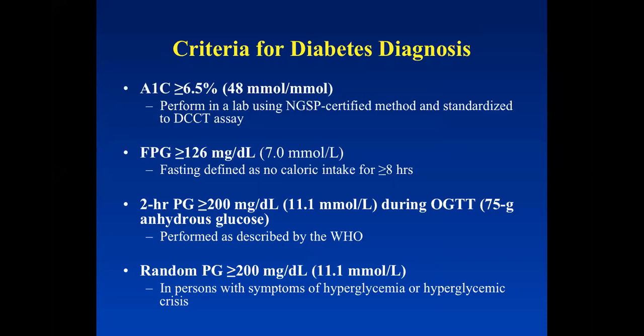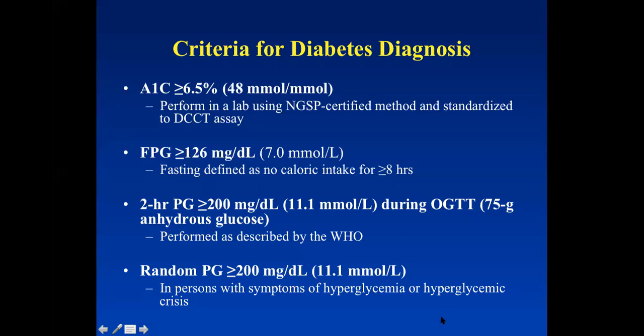We have developed other cutoff levels or criteria. We can use HbA1c, fasting plasma glucose level, or 2-hour plasma glucose level after a glucose load, or sometimes even random glucose levels. These are the cutoffs shown in this slide.